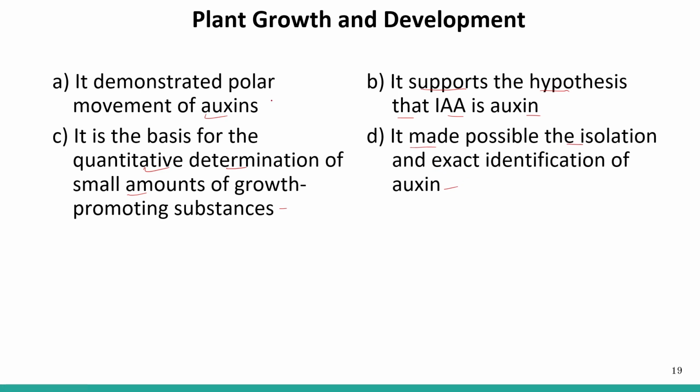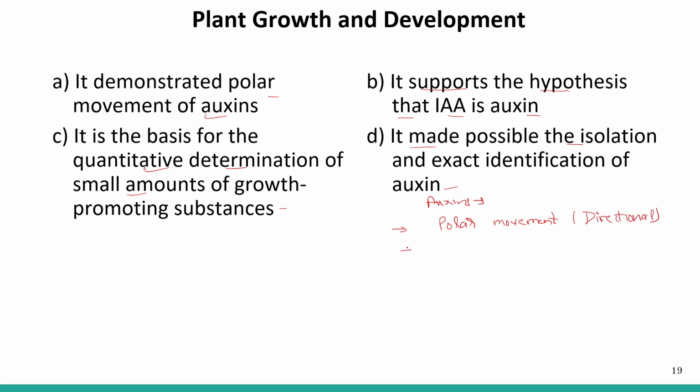Alright, so let's discuss the first point. Polar movement of auxin. We already know that auxins show polarity or polar movement. What is polar movement? Polar movement means directional movement in one direction.